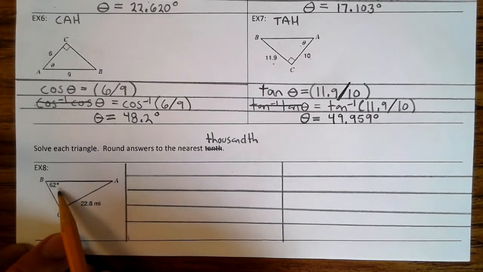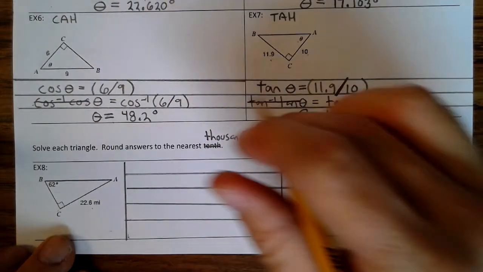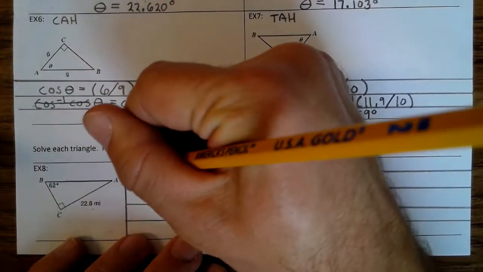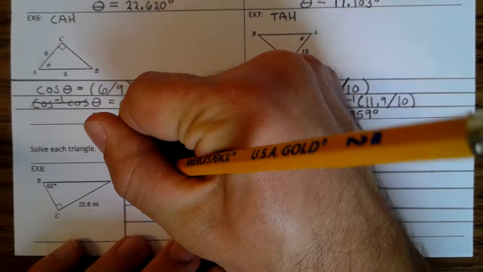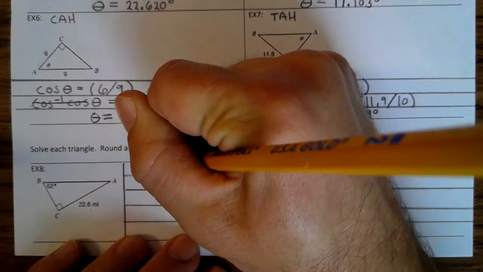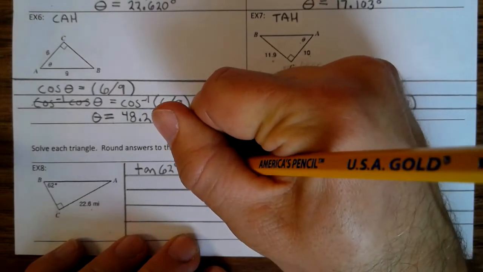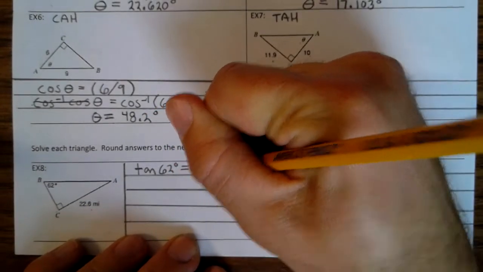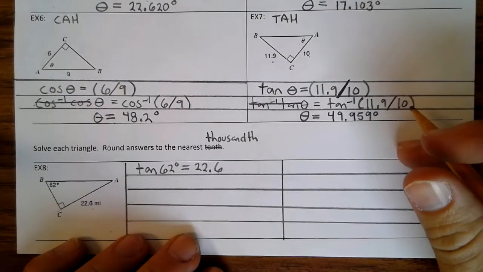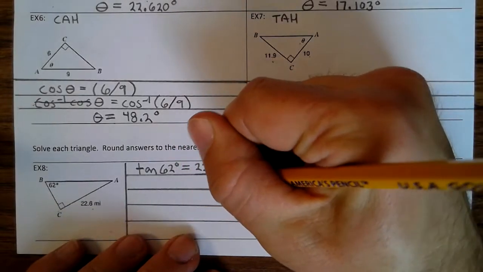We have opposite over adjacent. So let's find BC first. So we can say that tangent of 62 degrees is equal to opposite, which is 22.6, divided by BC.